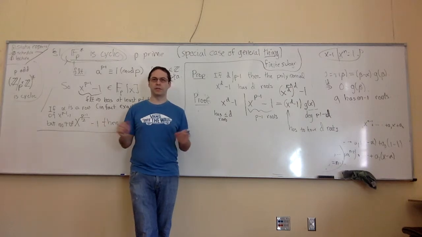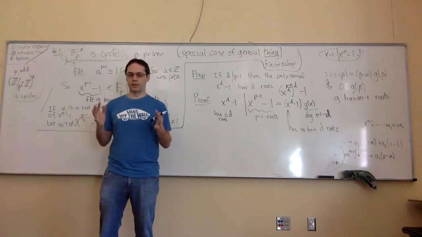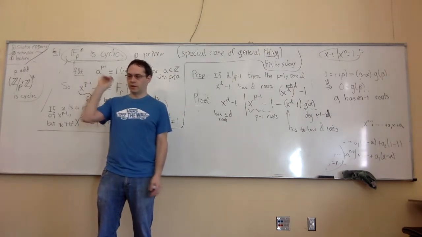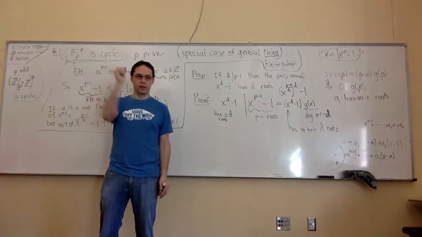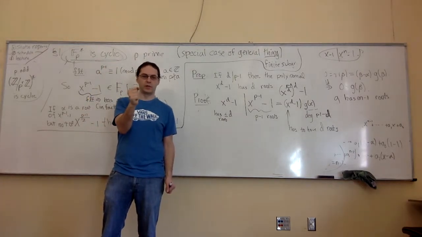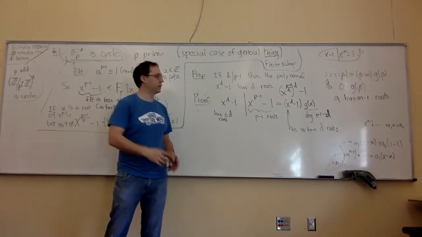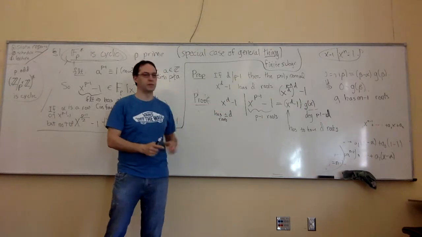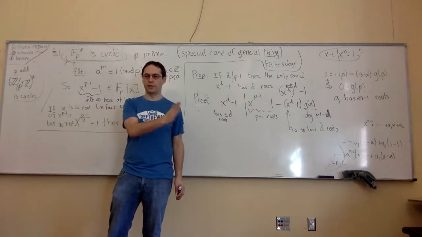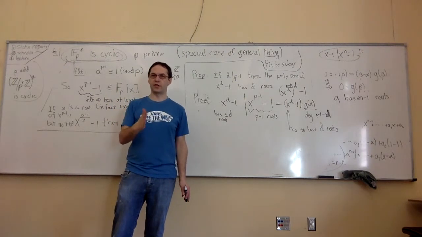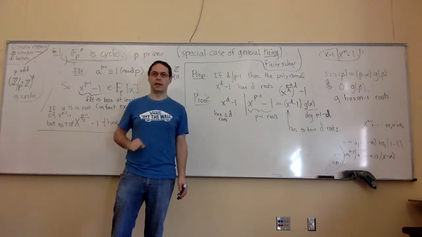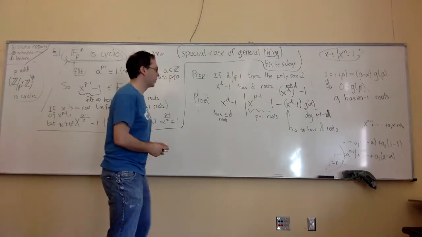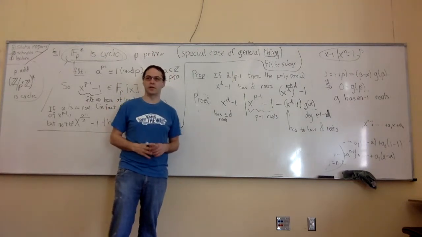Basically, everything I've done so far was to make it so I can say: given a divisor of p minus 1, give me something. And then I can use that something, namely this polynomial that has lots and lots of roots, to construct a whole bunch of elements of F_p star with various orders, and hence conclude that there's a generator of F_p star, really proving a structure theorem for F_p star.